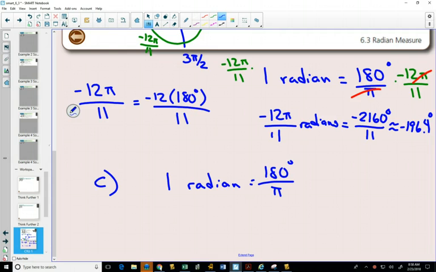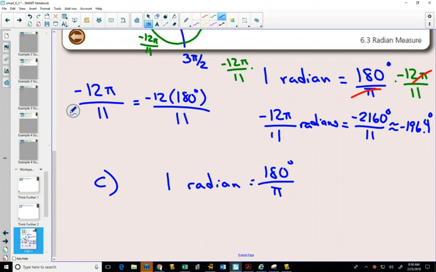Pi is very close to 3, it's 3.14. Can you see if you do 180 divided by 3, you're close to 60? Well, 180 divided by 3 is 60. But if you divide it by a little bit more, you'd be a little bit less than 60. So that might be another way that can help you remember what 1 radian is equal to, 180 over pi degrees.